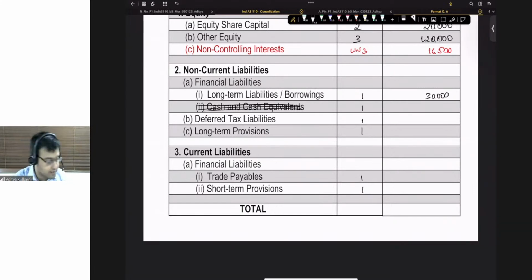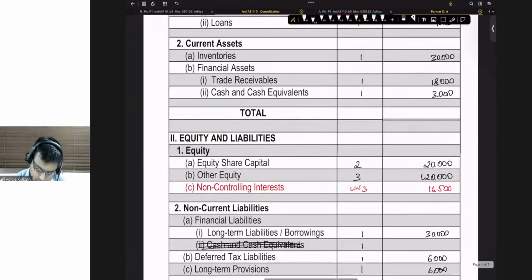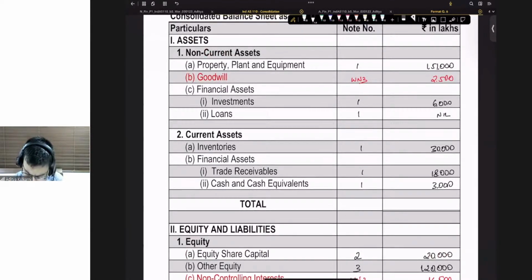Okay, we just copied the format. Okay, just remove that. Deferred tax liabilities at 6,000. Long-term provisions at 6,000. Trade payables at 8,000. And short-term provisions at 4,000. Okay, so now just total up. Your balance sheet should at least tally.